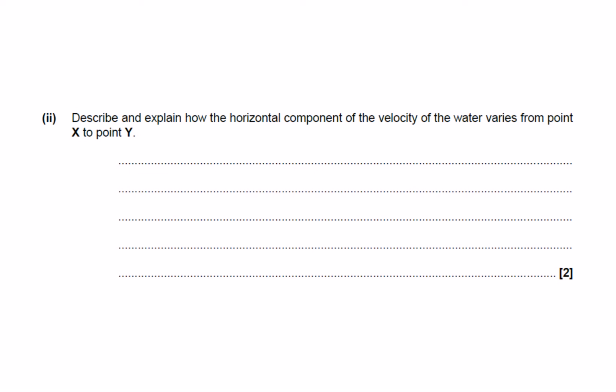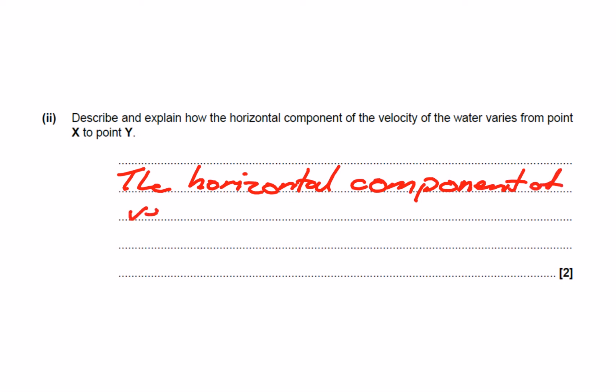We would say the horizontal component of velocity doesn't change.